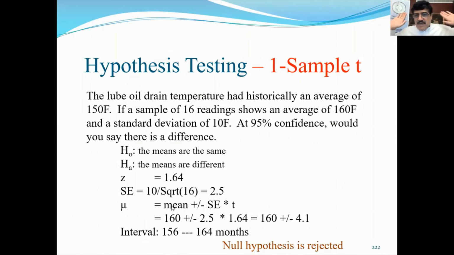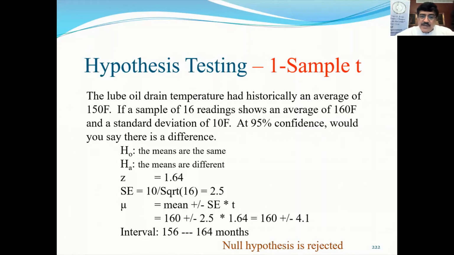They're equal. There is no change. The difference is just random; you just took a sample. So the first assumption is that there is no difference. The alternative hypothesis is that they are different. So you have to prove it. This is the way to do it.